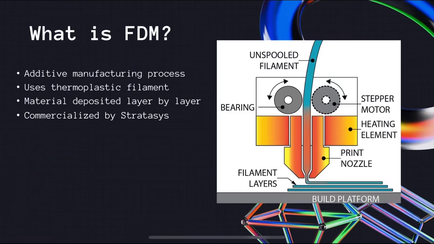This filament is heated and it becomes semi-molten, and then it is extruded through a nozzle. The material is deposited layer by layer following a digital design until the full object is created. FDM was first developed and commercialized in the late 1980s. Since then, it has become one of the most widely used 3D printing technologies.